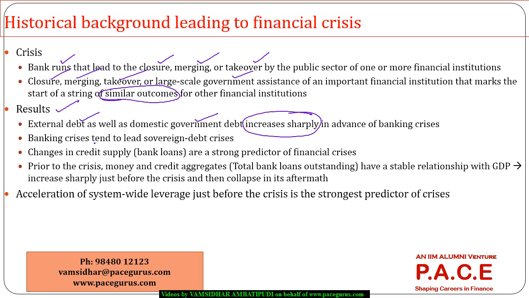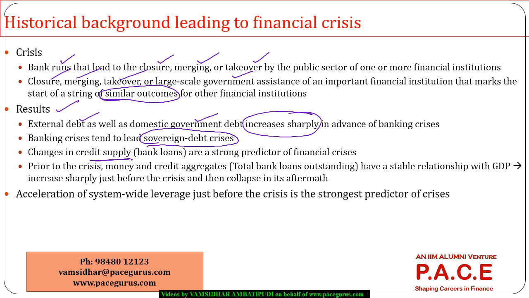And the crisis of the banking system started moving on to impact the overall country per se, leading to a sovereign debt crisis altogether. So the debt crisis had moved from just the banking system to the overall economy.